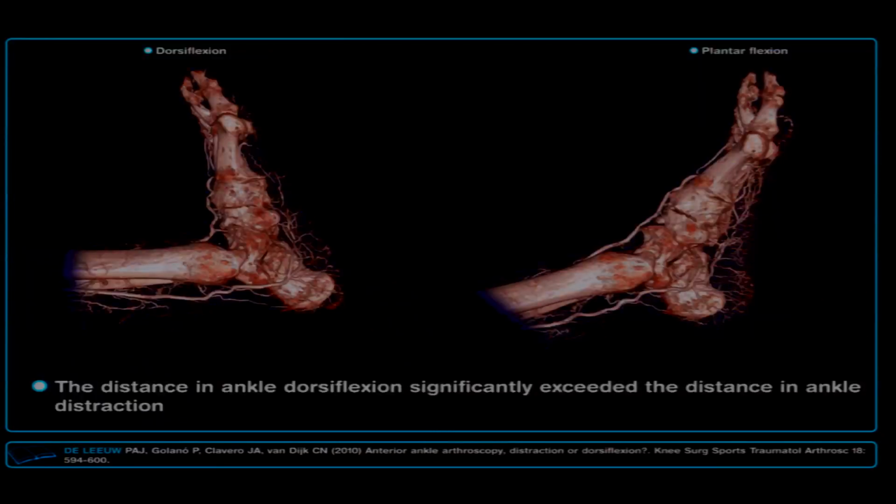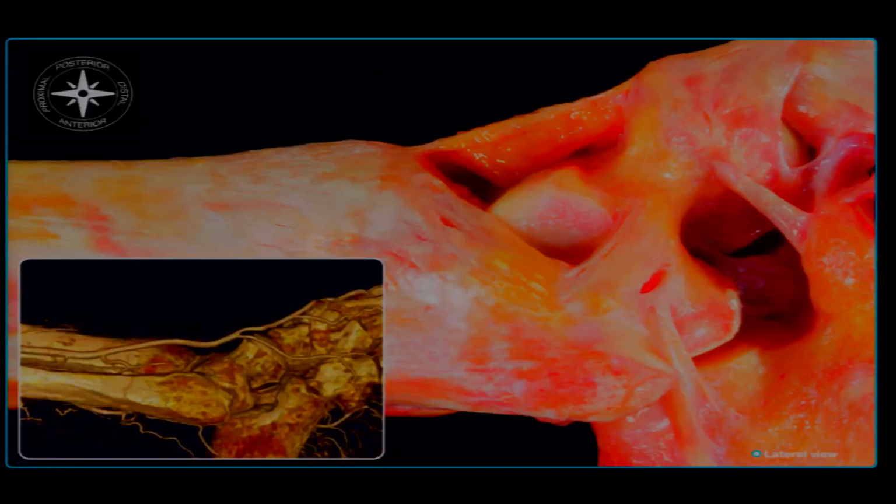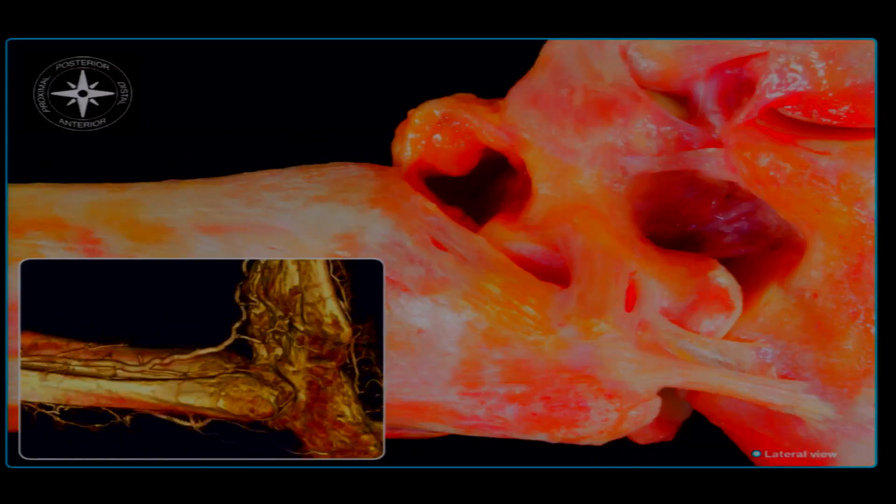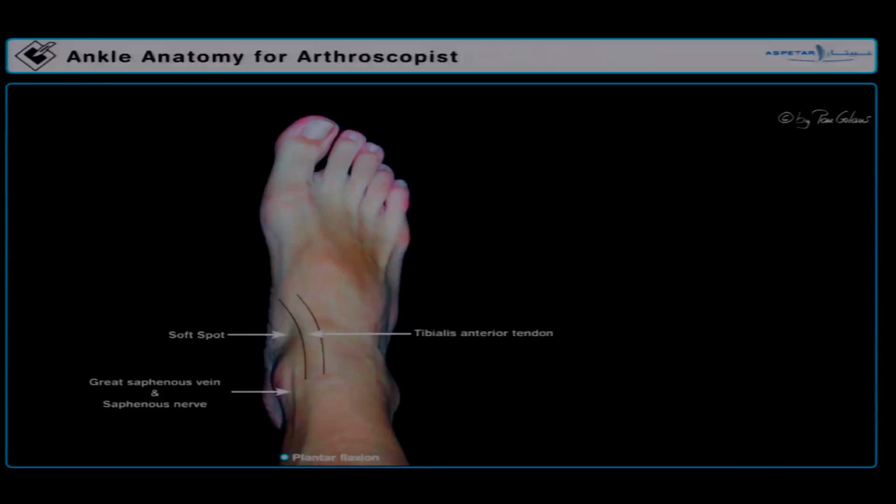We conclude that the distracted ankle position puts the neurovascular structures more at risk for iatrogenic damage when performing anterior ankle arthroscopy. You can see also in this image a typical fat tissue inside the joint, like Hoffa tissue. And when the ankle is in dorsiflexion, neutral position.